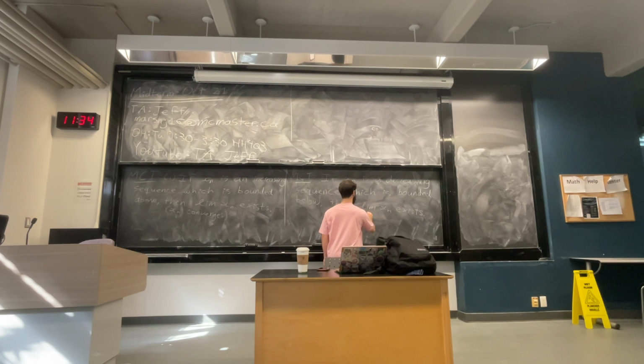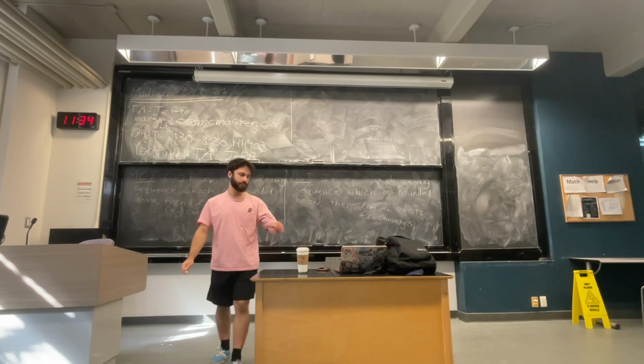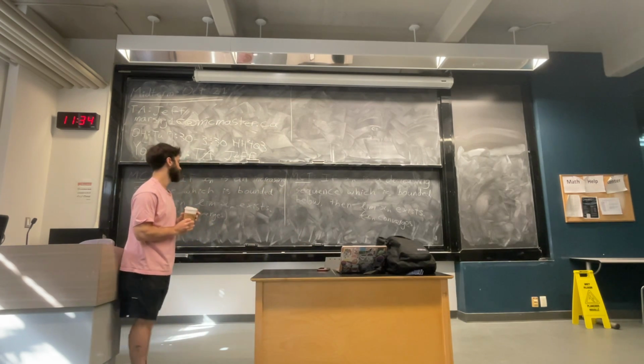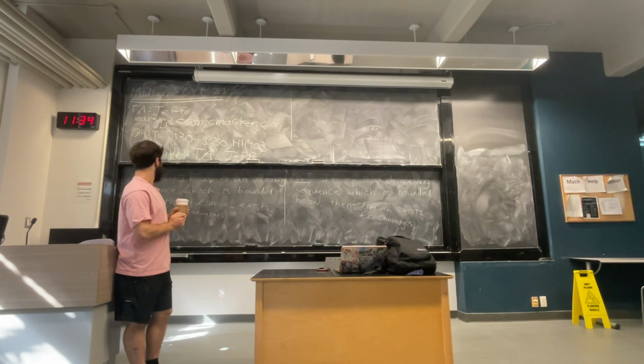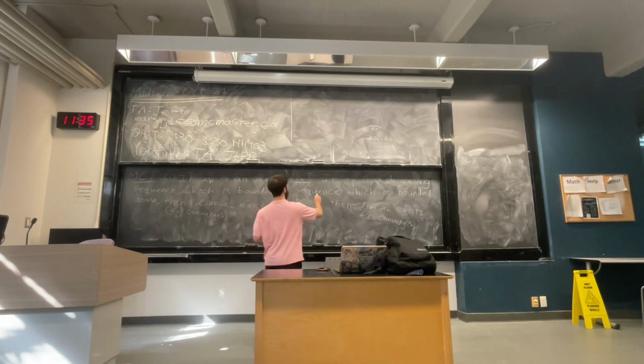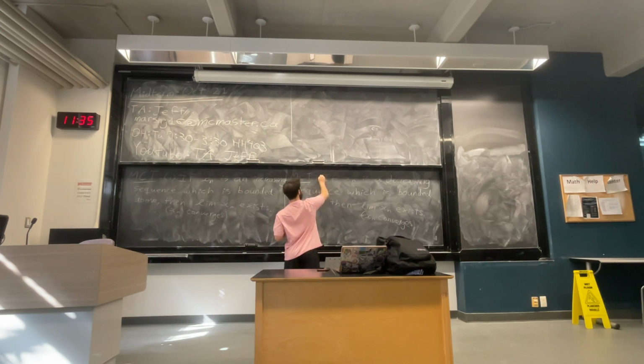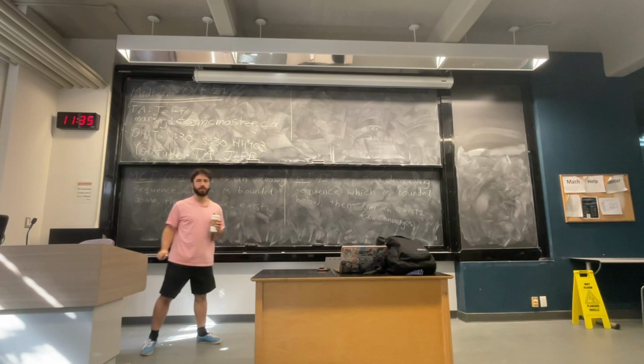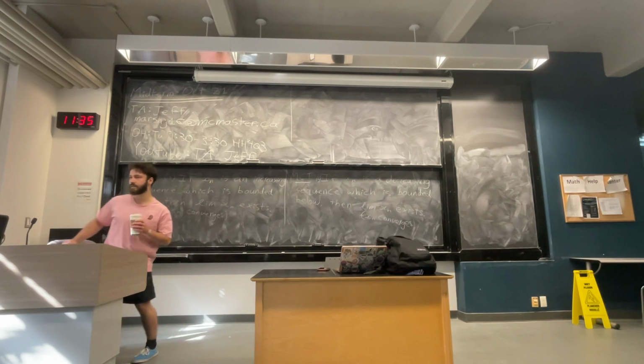And another way to say that is just xn converges. So those are the two versions of the monotone convergence theorem. One is for increasing sequences, one is for decreasing sequences.